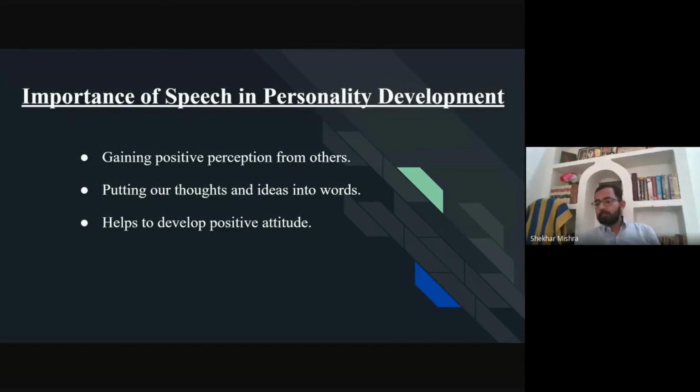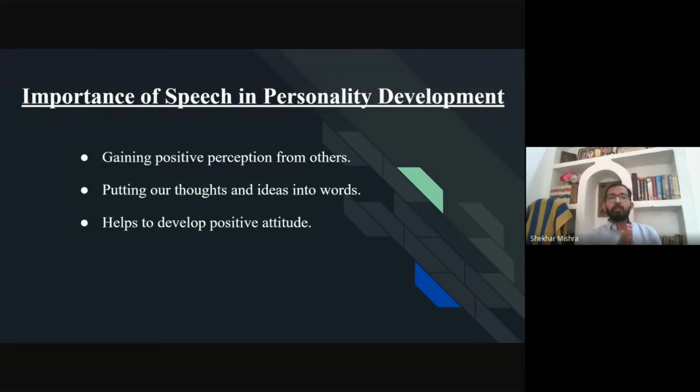Now, what is the importance of speech in personality development? You will gain positive perceptions from others. Others' view about you will always be good if you are honest, if you are able to present yourself.